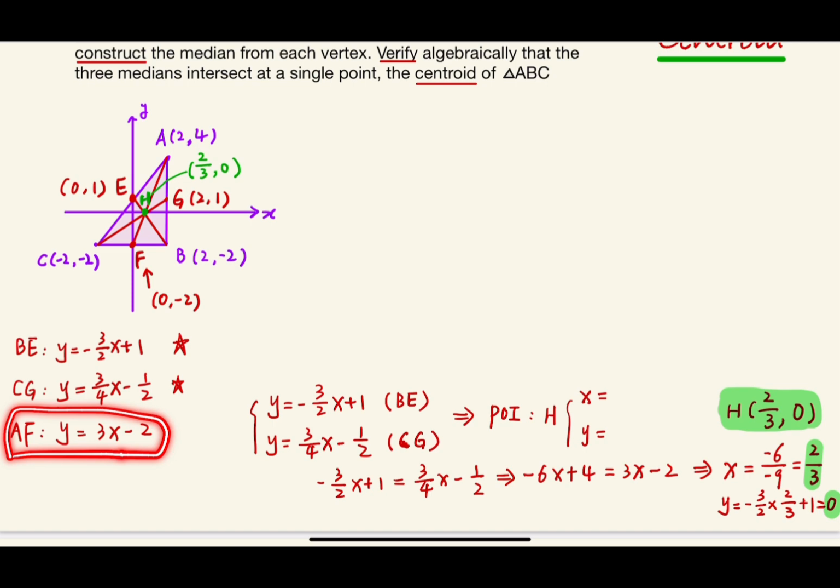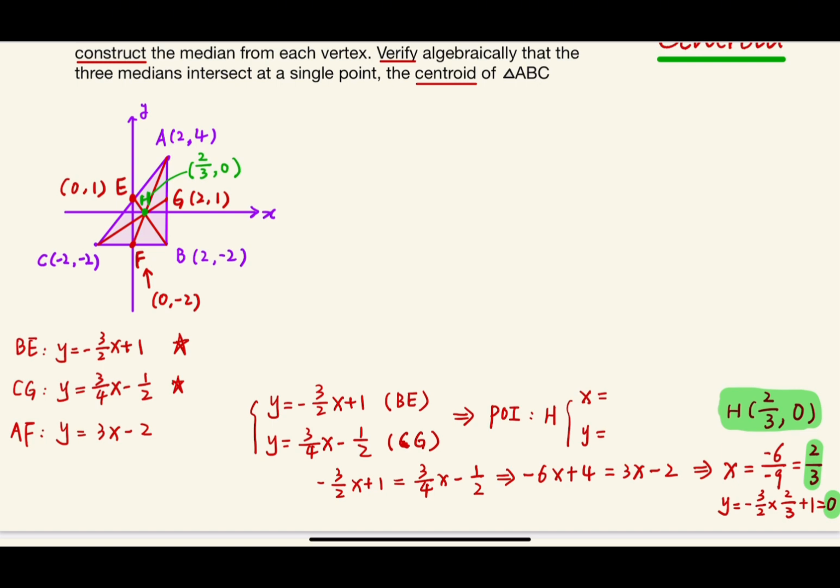If we can guarantee the left side equal to the right side, we can say this point is on this median. Now, let's verify this.